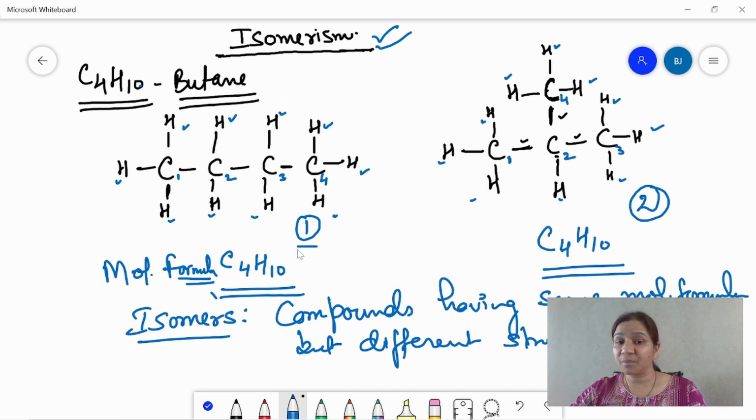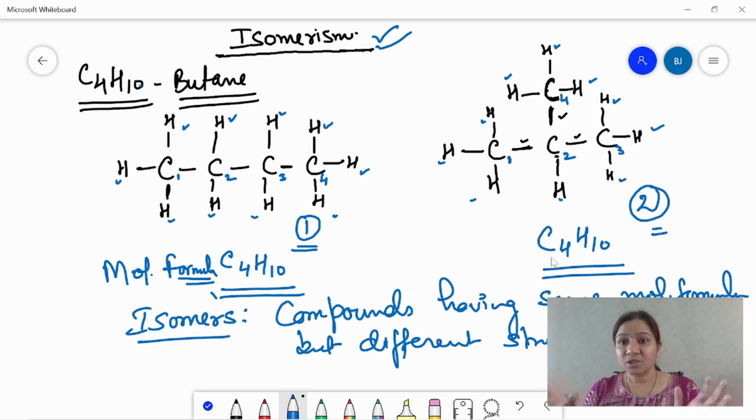If I ask you the boiling point of structure 1 and structure 2, it will not be the same. So compounds having the same molecular formula but different structural formula will have different boiling points, or different physical properties, and such pairs of compounds are called isomers. Now one more thing: in higher grades, in grade 11 and 12, you will learn about the types of isomerism, but in 9th and 10th we have only an introduction of isomerism.